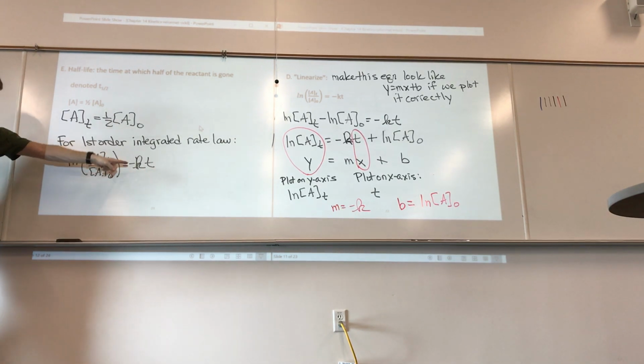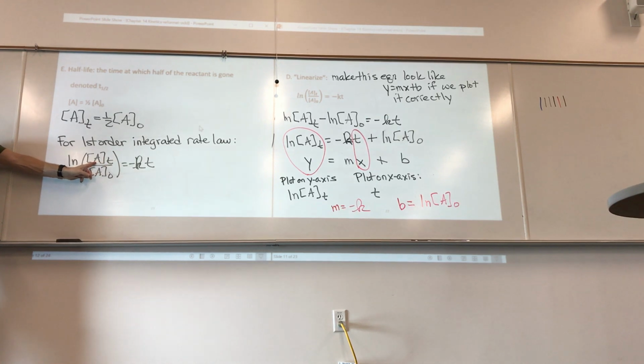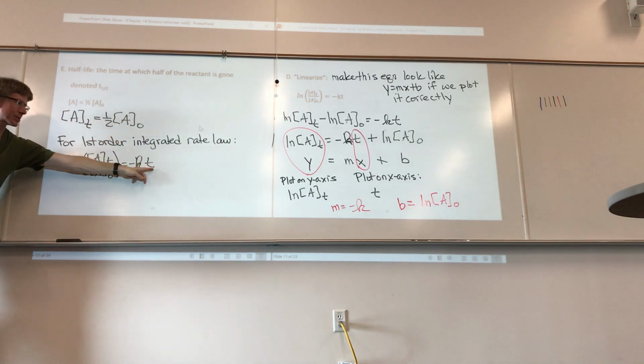And when I write it again, instead of concentration of A at time T, I'm going to put half of the initial concentration. So I'm going to replace this, and I'm just going to write T to the half.